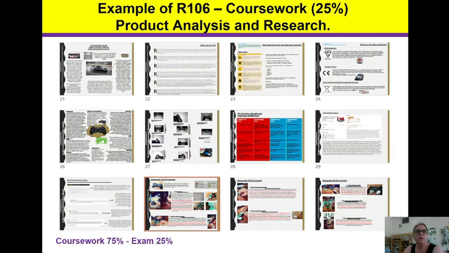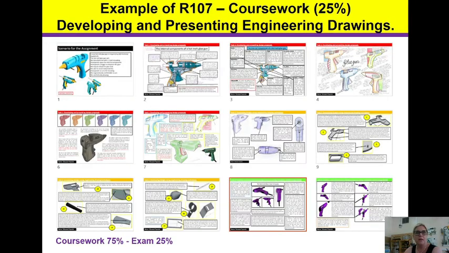This is an example of an R106 coursework for product analysis and research. So generally students submit approximately 20 to 25 slides of work. The R107, again presented as a PowerPoint, usually slightly less.